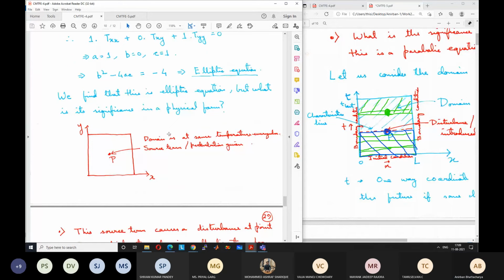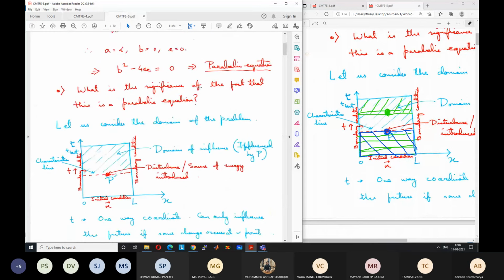Sir, in the case of a parabolic equation, the line separating the domain of influence and the domain of dependence, which domain will that line come under? That is the characteristic line. It does not have any thickness. It is not that it has some thickness in the t direction.